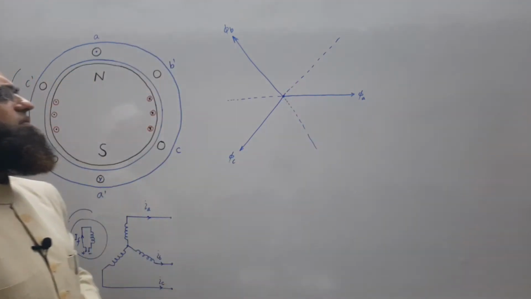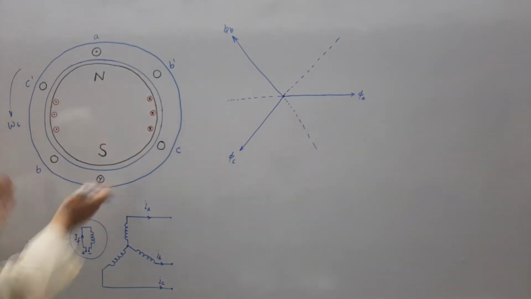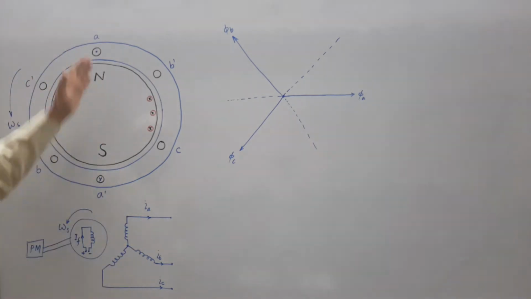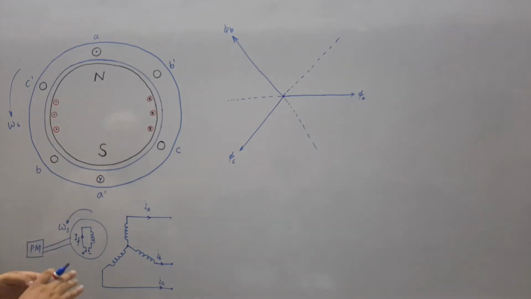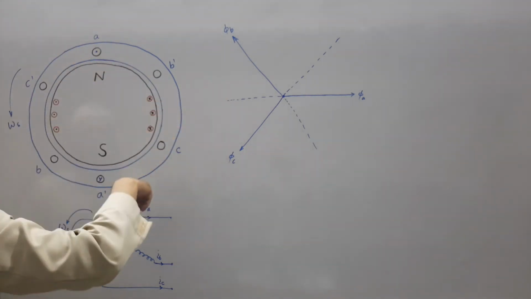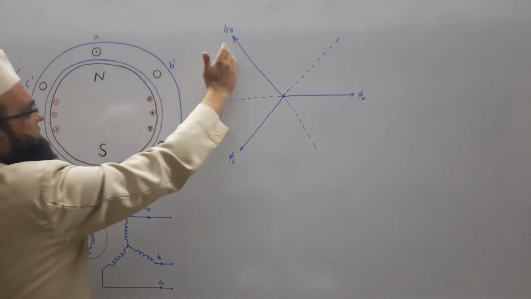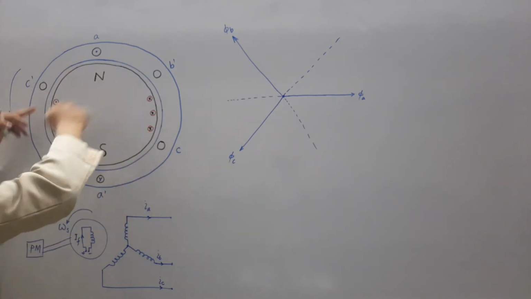So we have just marked the axis of fluxes corresponding to the alignment of the stator coils, 3-phase coils. So for coil A, see, this is vertical, so perpendicular axis will be this way. Now for B, this is aligned like this, so perpendicular of that will be this B. This is C, aligned this way, so perpendicular to that will be this way.